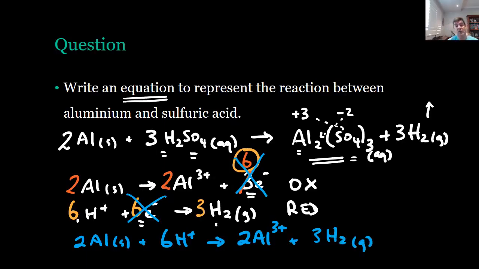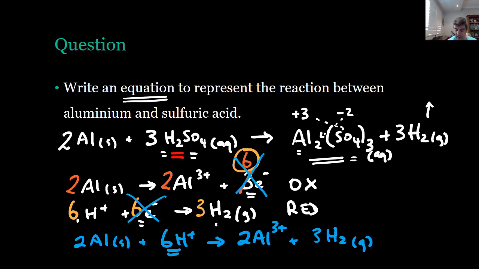Notice that when you're working through these sorts of examples, the 6H+ have actually come from the acid, and because the formula for the sulfuric acid is H2, 3 2s are 6, so I am going to have 6 hydrogen ions in total on that side of the reaction.